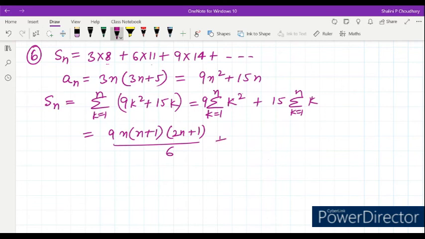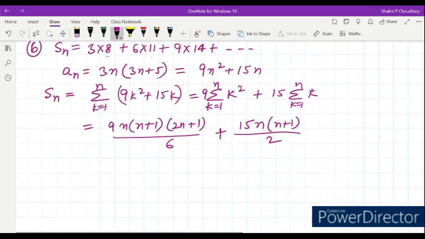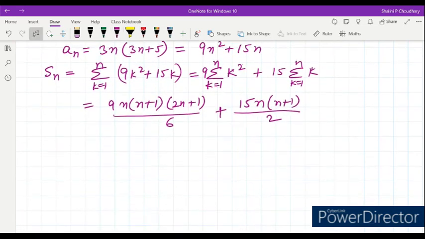Okay, so here it will be 15 multiplied by n into n plus 1 divided by 2. Okay, this is the formula for the summation of the first n natural numbers. So what we can do, we can divide this. This is 3 and this will be 2.